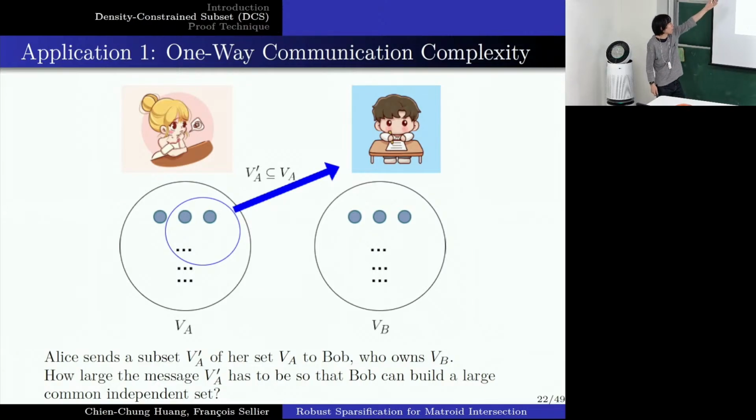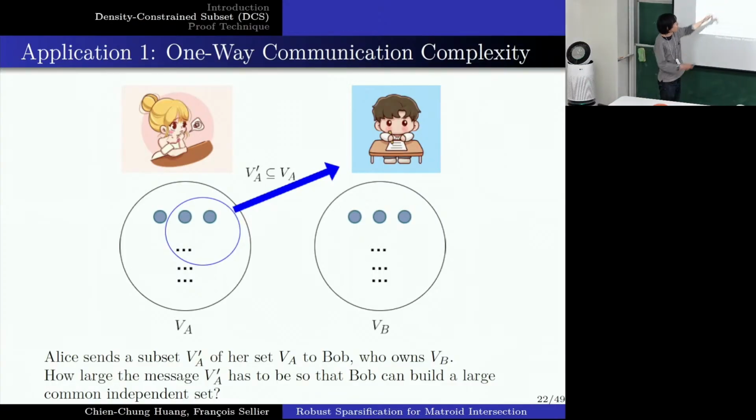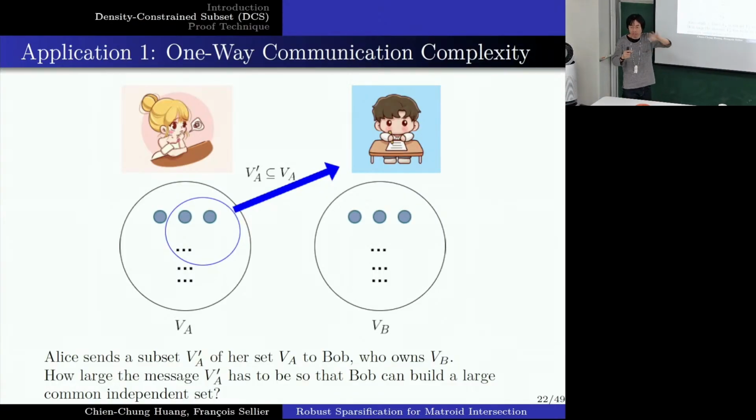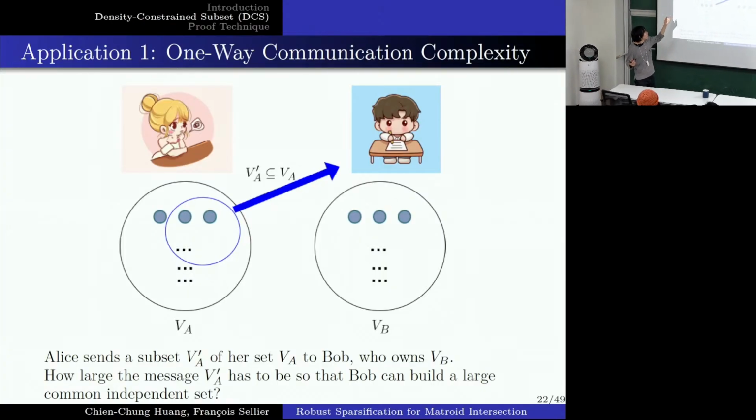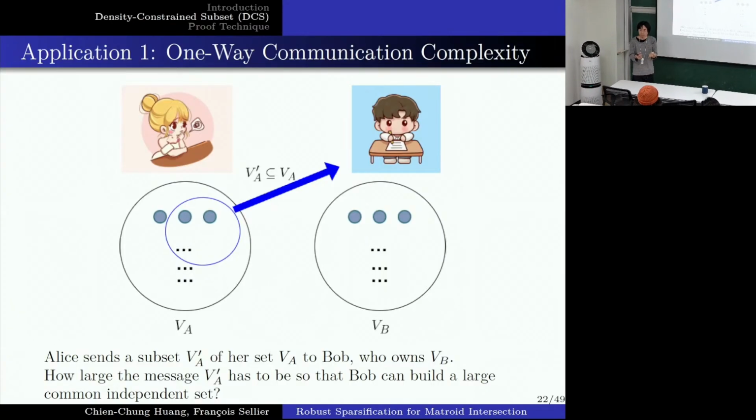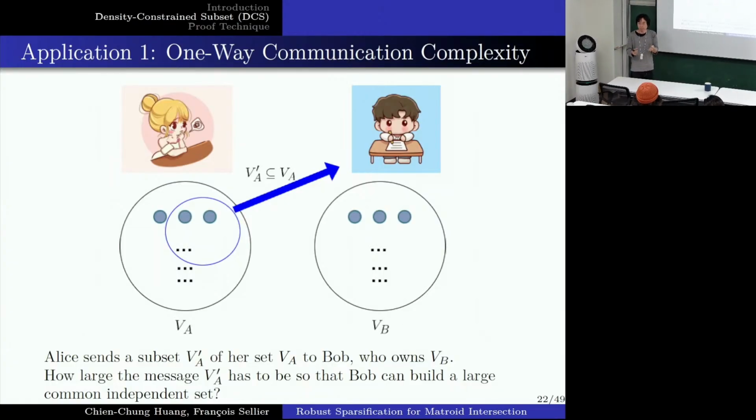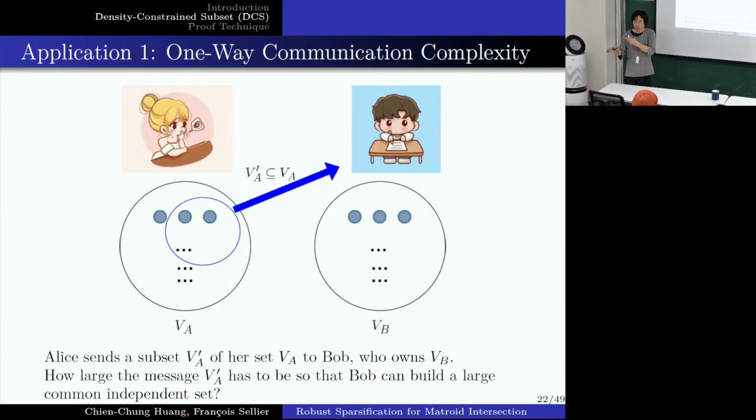So this is just using the language of graph matching. But here I'm asking the same thing. Suppose the ground set is separated into VA and VB. Okay, and then Alice wants to send the small subset VA prime, so that Bob can still get the large matroid intersection.